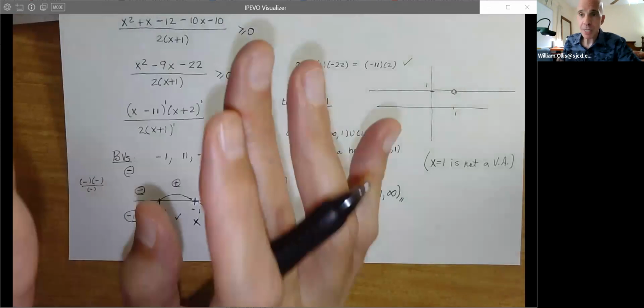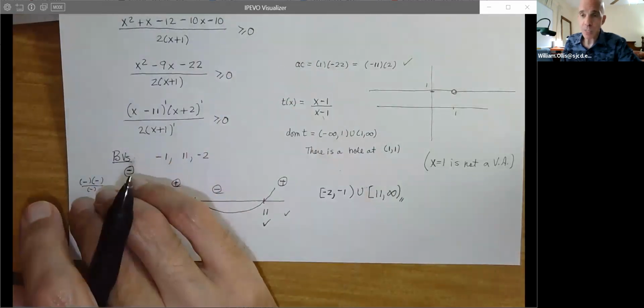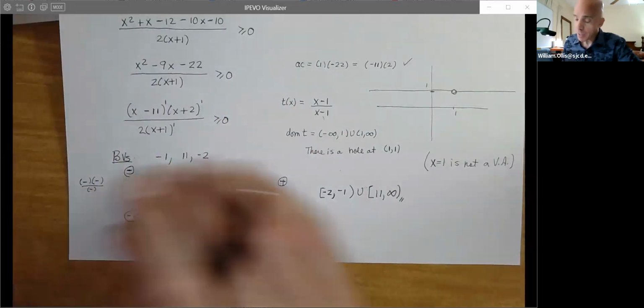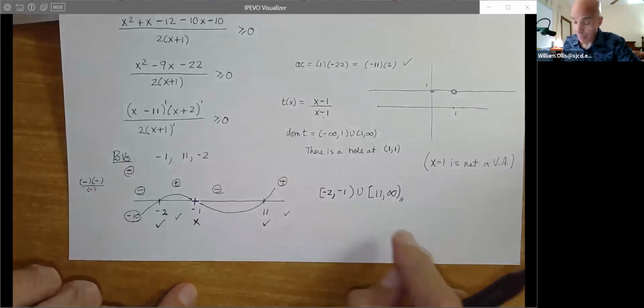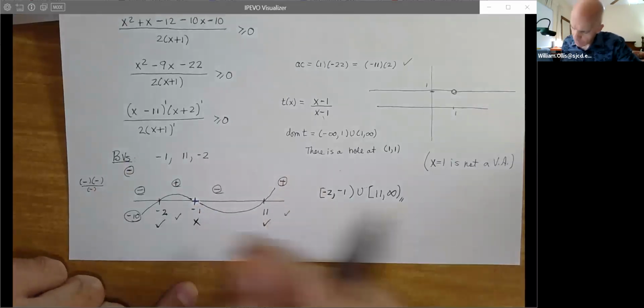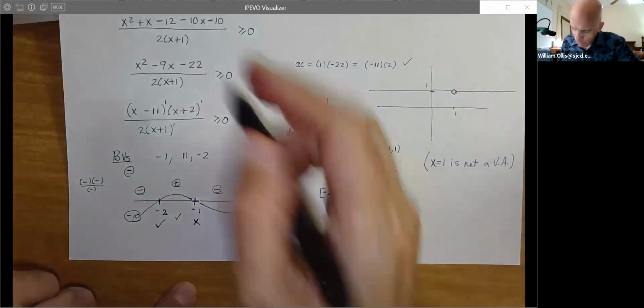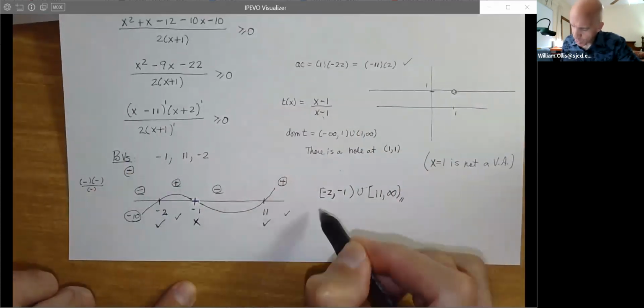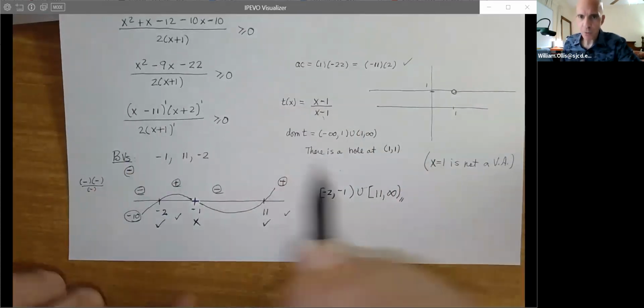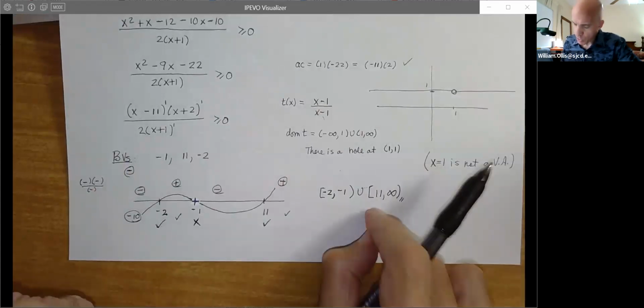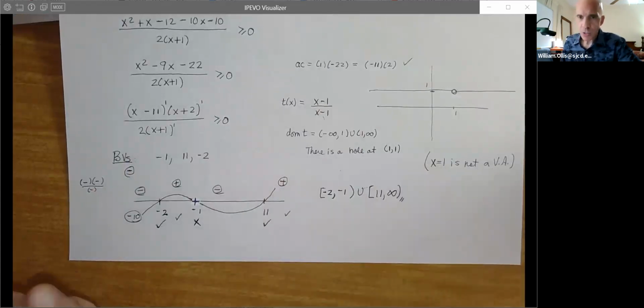A lot of the built-in features of the computer algebra system can be very time-saving. But then you have to go back and check and say, well, am I using the right variable? Well, I don't need variables here, but let me check my work and make sure that I'm actually typing exactly what I've written on the page. And does this correspond with this? So again, it's always lots of checking that has to be done.